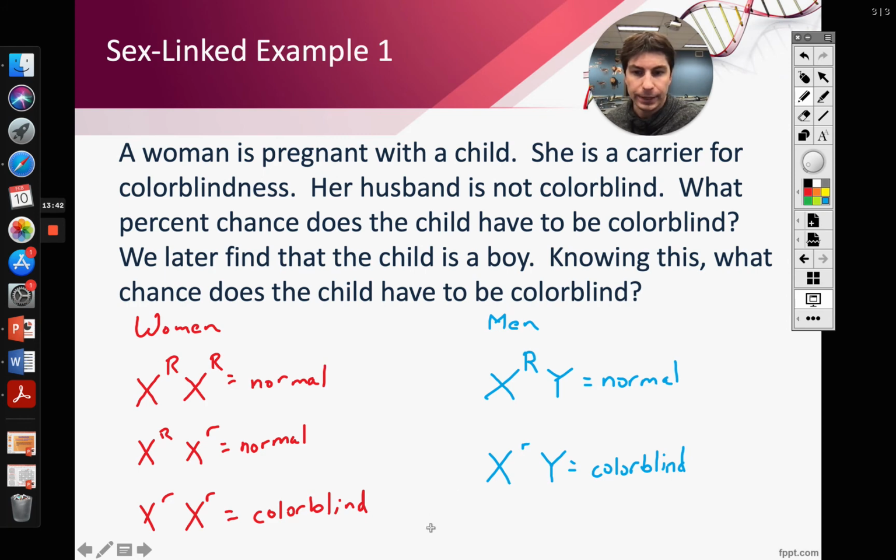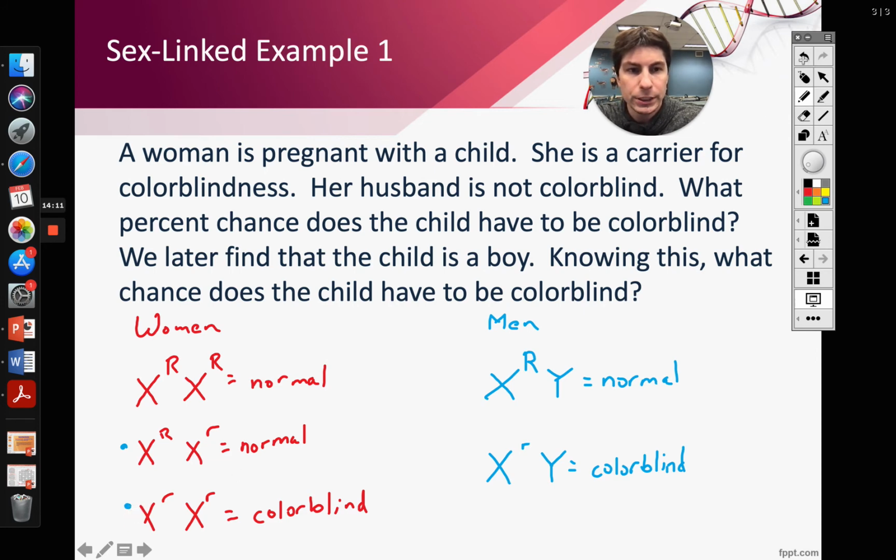Take that in for a second, guys. Look at the difference between women and men. Women have three possible genotypes in sex-linked inheritance. They could be homozygous dominant, heterozygous, or homozygous recessive down here.